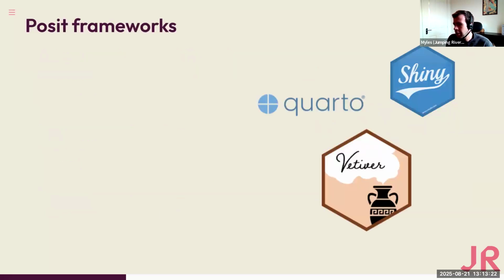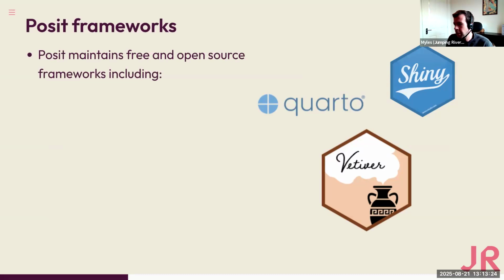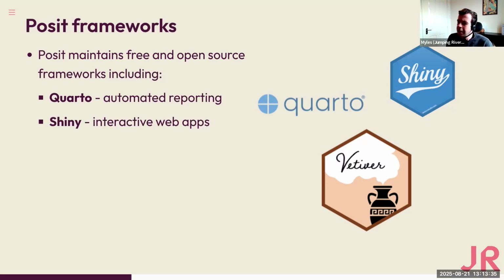Posit also maintain a number of free and open source frameworks, including Quarto, which is going to be the focus of today. This is used for automated reporting. I'll say a bit more about what that actually means very shortly. Posit also maintain Shiny, which is a really popular framework for web development, so for web apps and that sort of thing. And you might have also heard of Vetiver, which is a really nice MLOps framework, so machine learning operations.